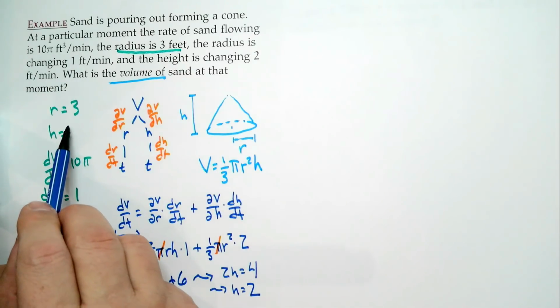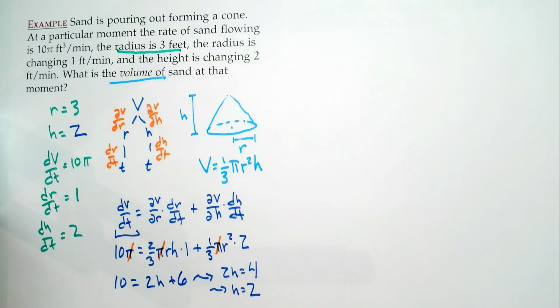Aha! h is 2. Okay, so now we know r and h. So are we done? Almost. Remember, what were we looking for? A volume. So our answer better be a volume. Remember to answer the question that was asked.